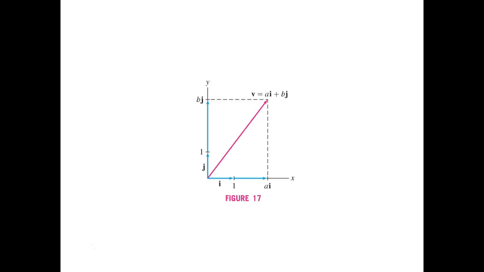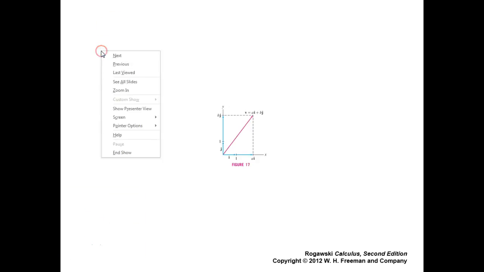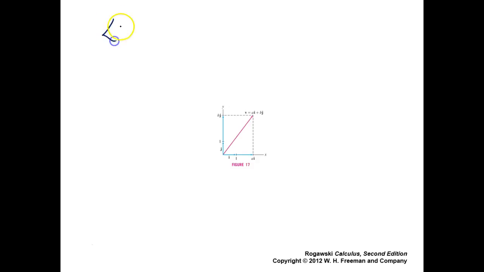Okay. So you tell me what the vector, 4 comma negative 2.